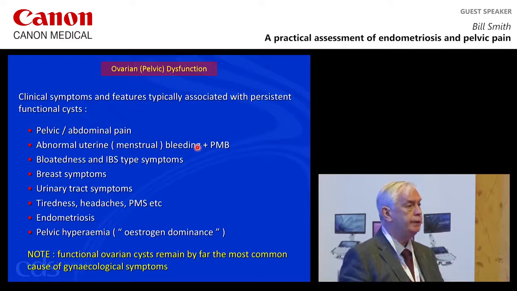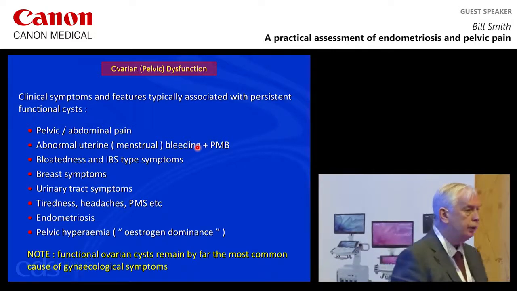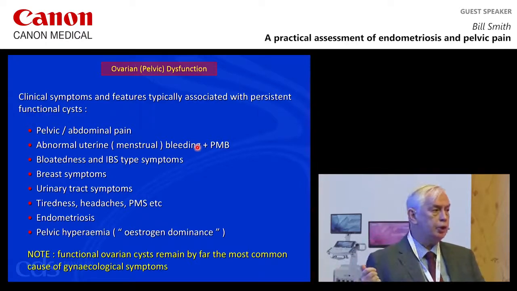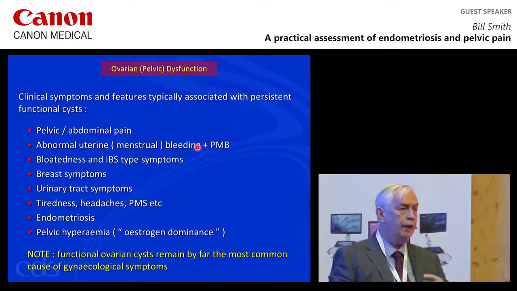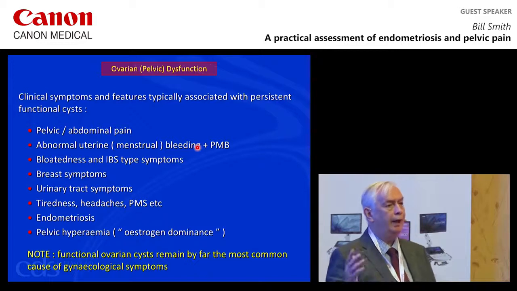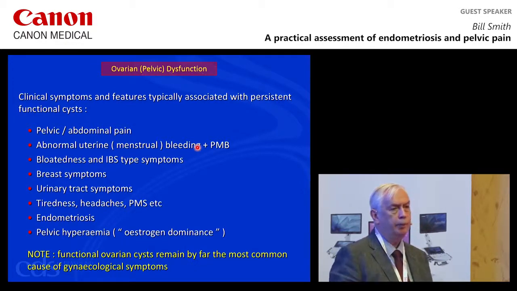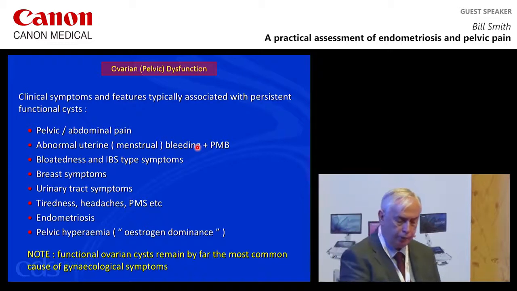It's not endometriosis, it's not ovarian torsion, it's not uterine factors, it's functional. So we have to think in terms of how often this syndrome is picked up, and it isn't. So therefore we have to question our management of pelvic pain.